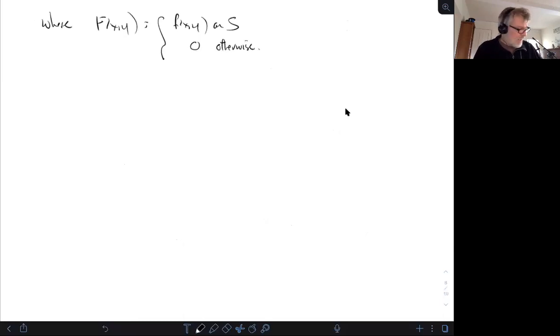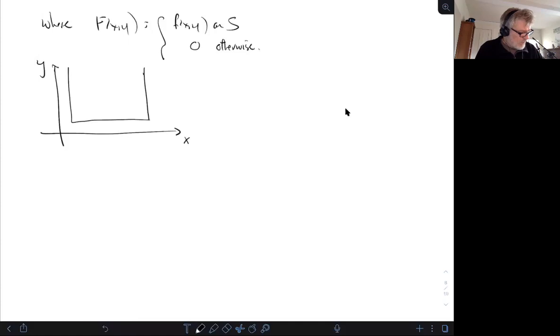Okay, and the rectangle. So here's a picture of what this will look like. I have a rectangle, and again I can choose the one that I want. So this one I'm going to choose from a to b. That's the simplest. And I have my two curves, the graphs of g1 and g2 like that, and the region S is what's over here.